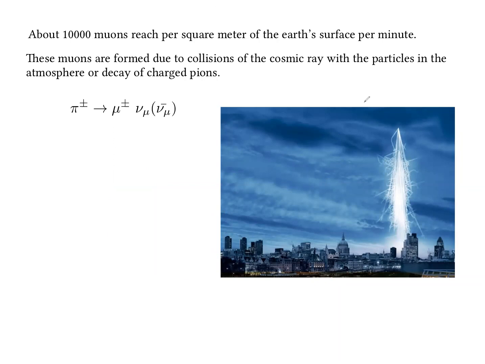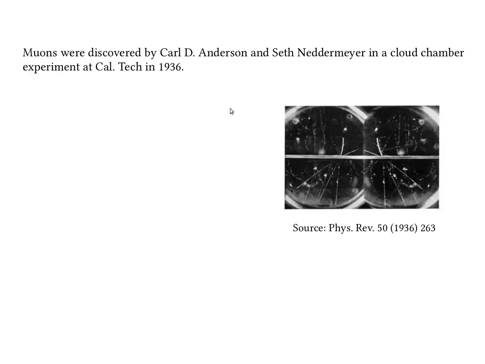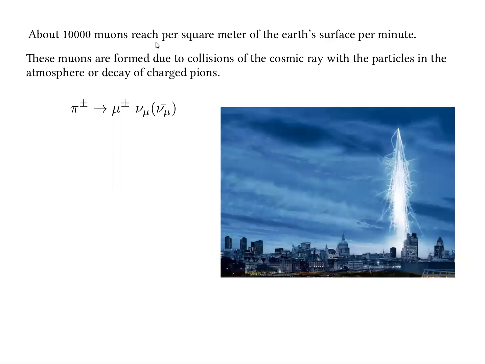Similarly, one of the sources is the pion, pi plus and pi minus. When pi plus comes into the atmosphere, it decays by itself because it has a certain lifetime.